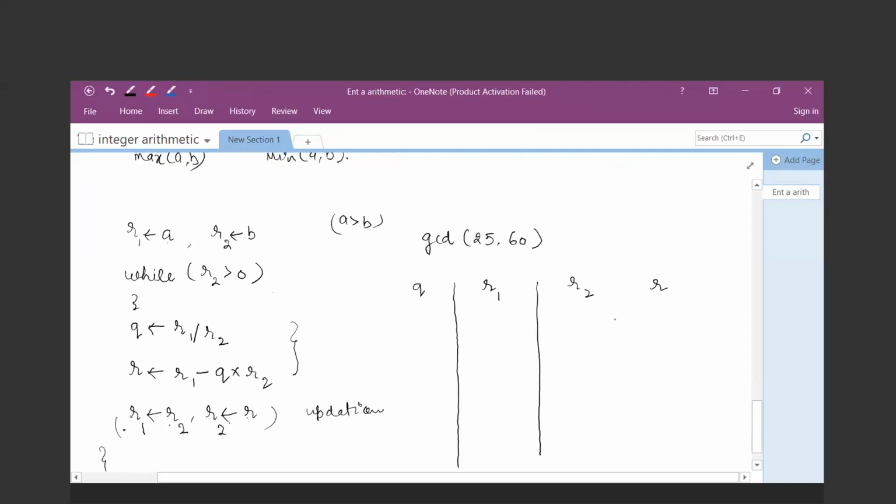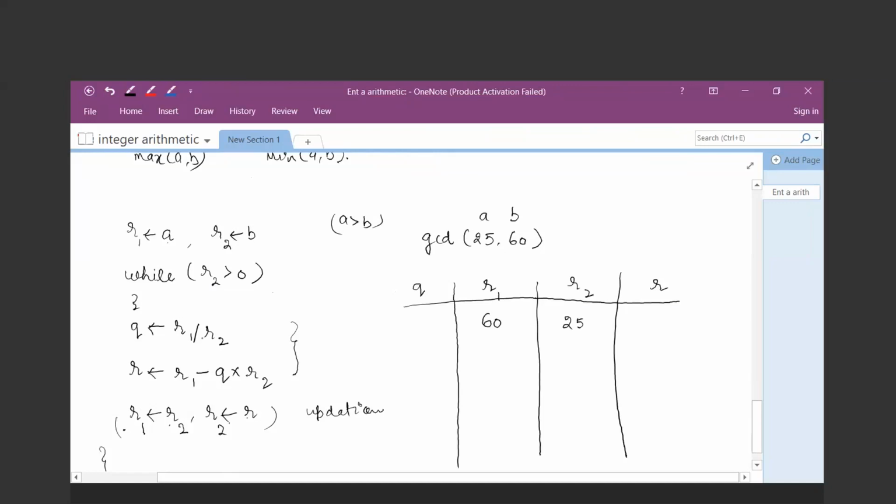You have to solve this type of problem by making tables, otherwise marks will be deducted. As I told you, the maximum of A and B is assigned to R1. Which one is the maximum? That is 60, so 60 becomes R1 and 25 becomes R2.